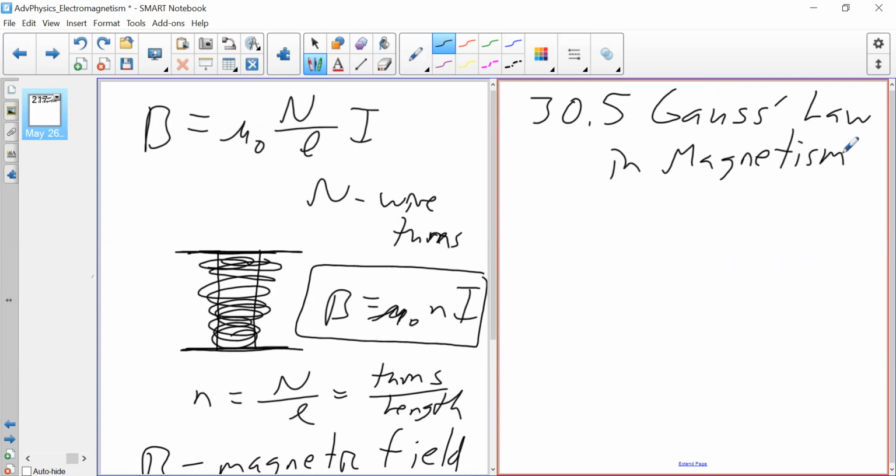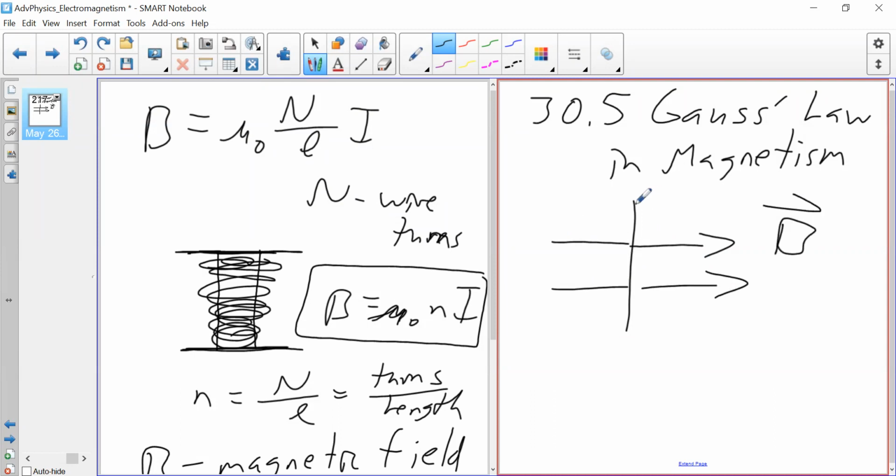Take a sheet of paper, some plane of area. I'm trying to think of the term. Some material. There's my word. Some material for this magnetic field to go through. Well, these are field lines.